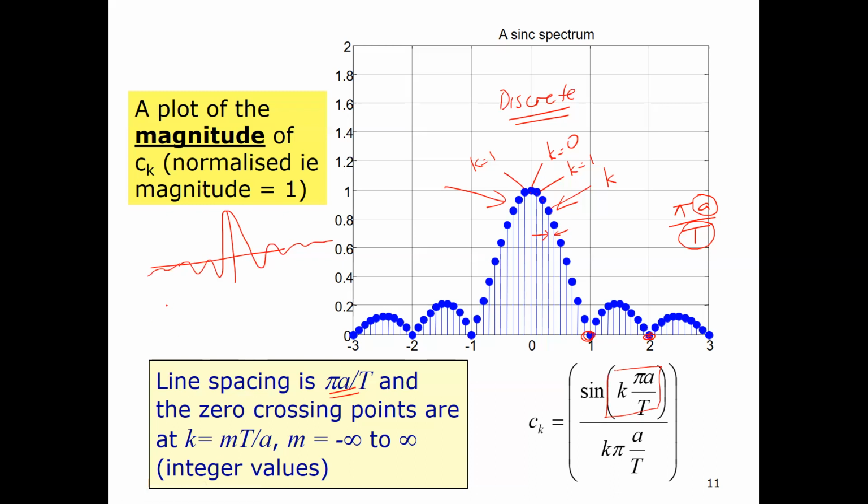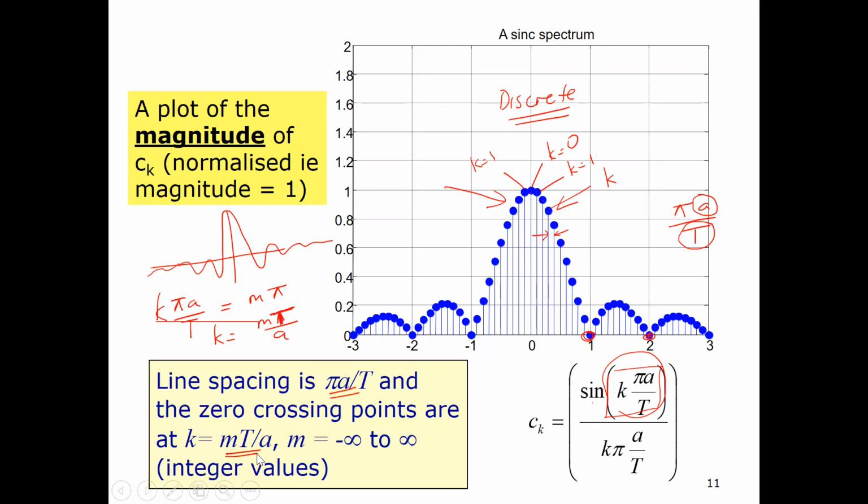So if you look at it, wherever K pi A over T is equal to some multiple of pi, if the inside of here is some multiple of pi, it means the sine of that is going to be zero. And if you look at that, that means at some interval where K is equal to some integer M, K equals MT over A, which is this.